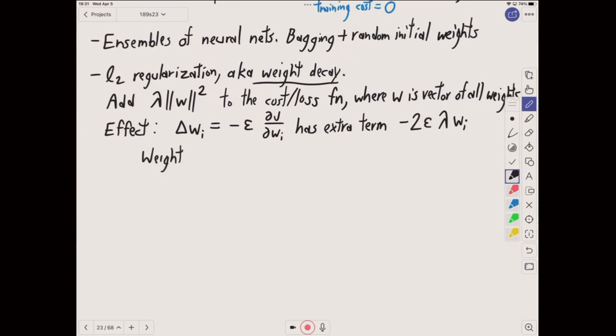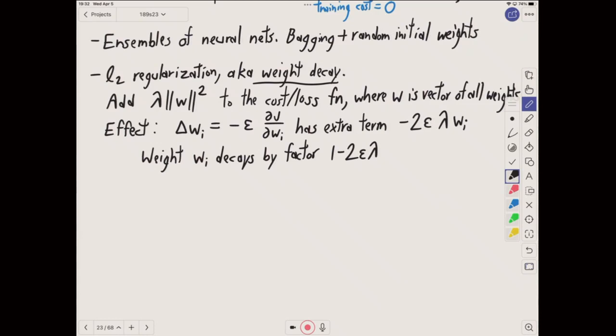So what that does to the weight is that if the weight is not being reinforced by learning, then it just decays on every iteration by a factor of 1 minus 2 epsilon lambda. If you don't take into account the rest of the cost function, every weight is just decaying by a little factor, slowly exponentially decaying away to 0.